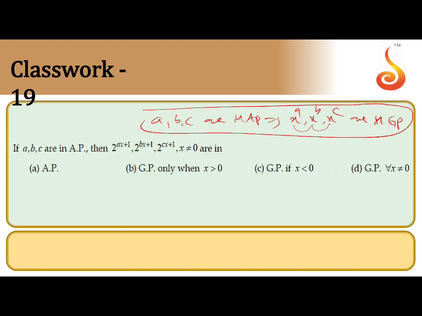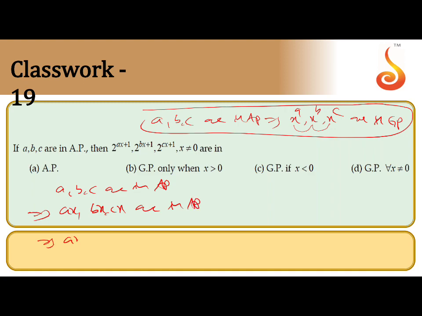So observe here, A, B, C are in AP, and we have 2 power AX plus 1, 2 power BX plus 1, 2 power CX plus 1. Here X can be anything except 0. If you multiply by some number, the resulting sequence is also in AP.